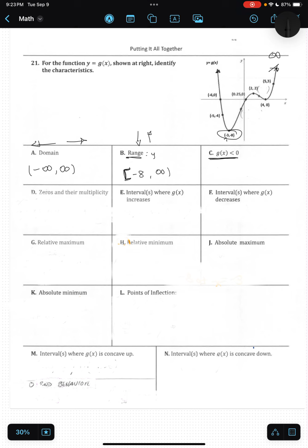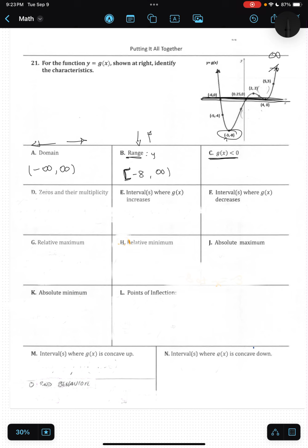Some of you might get confused because you're like, why is this here? Well, all I was really saying is y is less than 0. The function g of x is less than 0. So during what segment is the function below 0? And the 0 is right here.